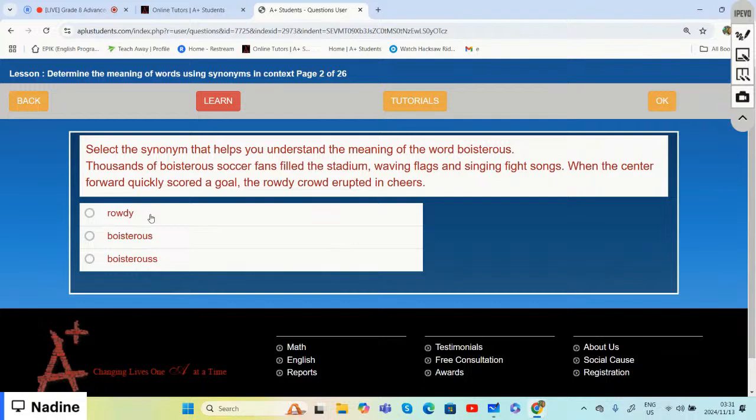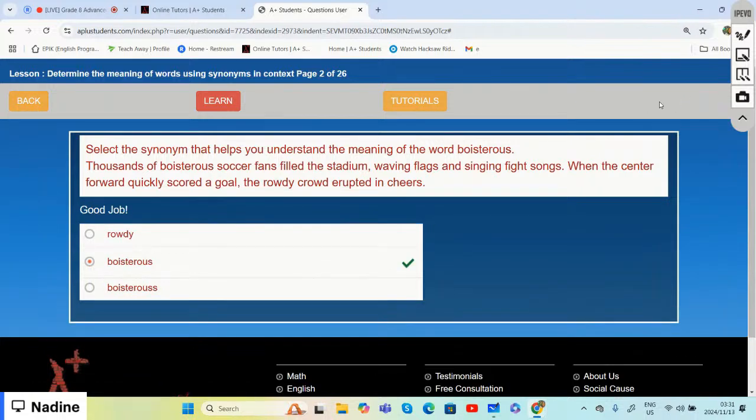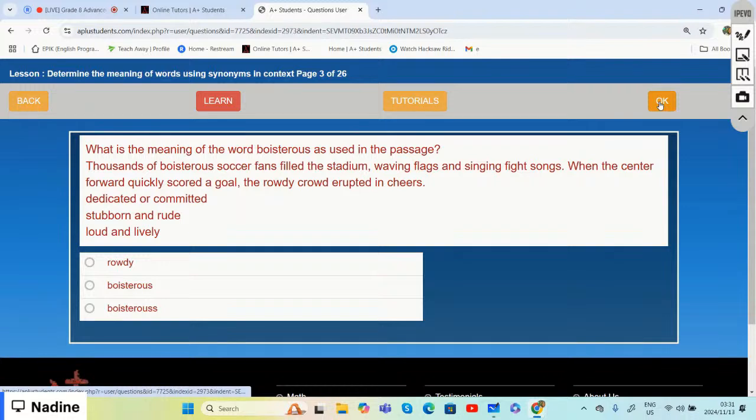But now I don't know if I should choose rowdy or boisterous again. The synonym of boisterous is rowdy. It can be noisy. Let us rather choose boisterous, because I don't know if it's going to be rowdy or boisterous. But rowdy is the synonym of boisterous. All right.